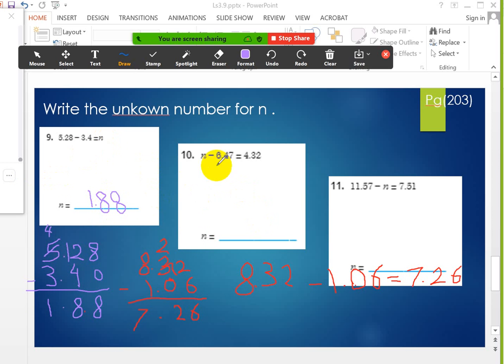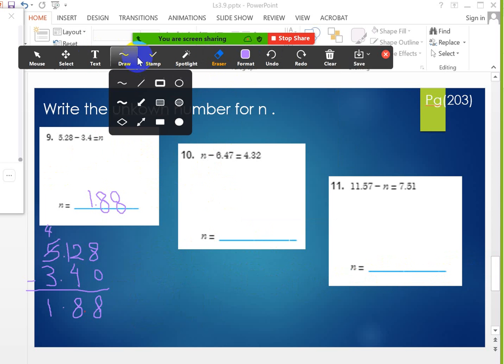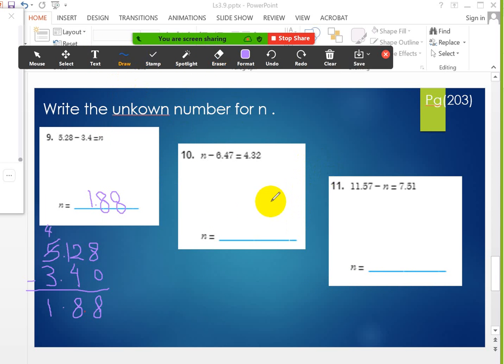Now I want in number 10 to find the value of n. Girls, here there is an unknown number. I subtract from this number 47 hundredths, and the answer will be 4.32.